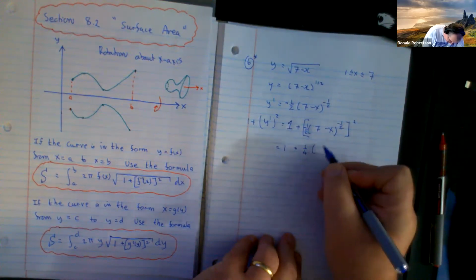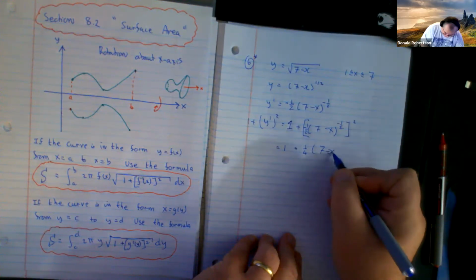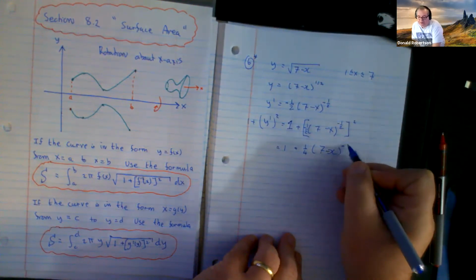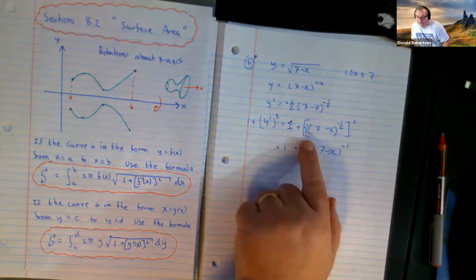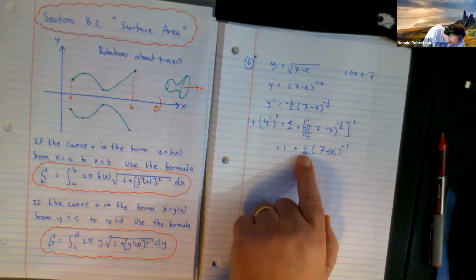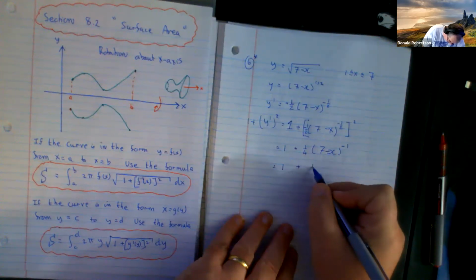And this guy squared gets you that. Are you happy with 7 minus x, the -1/2 squared gets you 7 minus x, the -1, and that -1/2 squared gets you +1/4. Now we're working on style points.